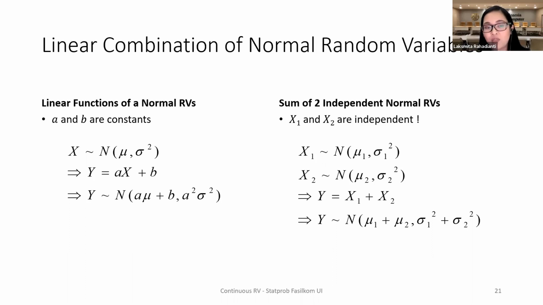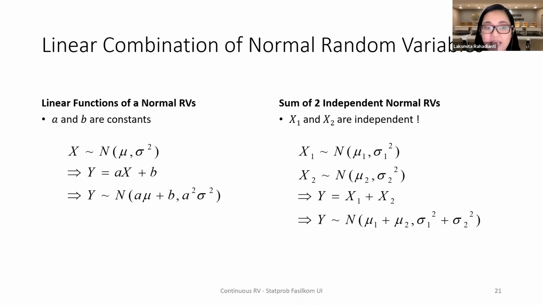Next, we also have, on the right-hand side, the sum of two independent normal RVs. So if I know that I have X1 and X2, and I know that these two random variables are both normal and they are both independent from one another, then I know that Y would be, if I would like to add them up, X1 plus X2.